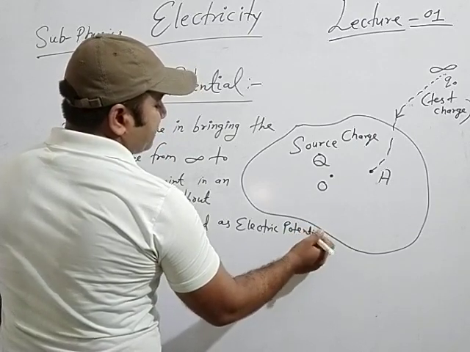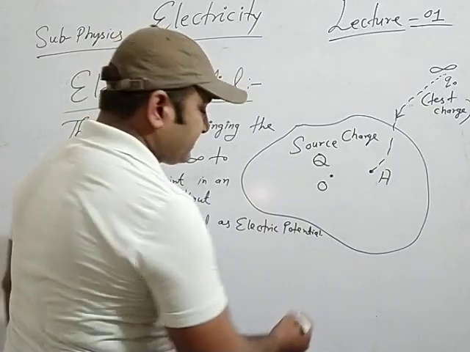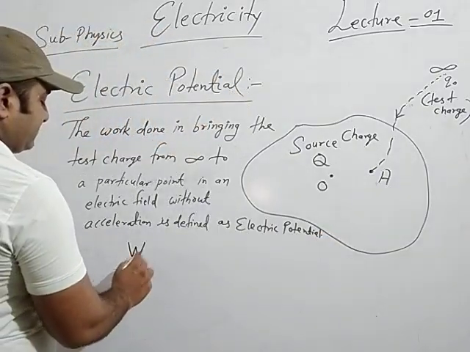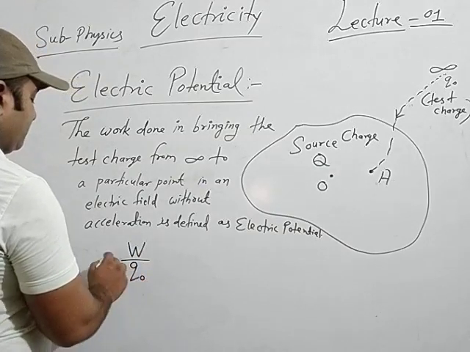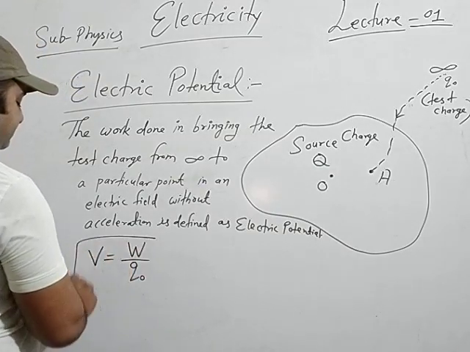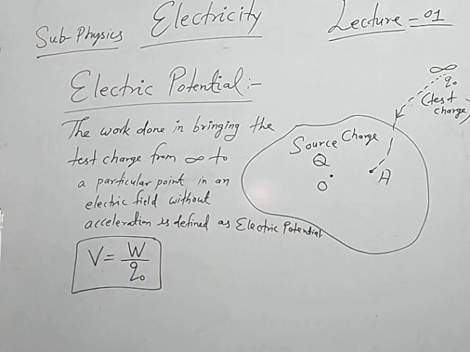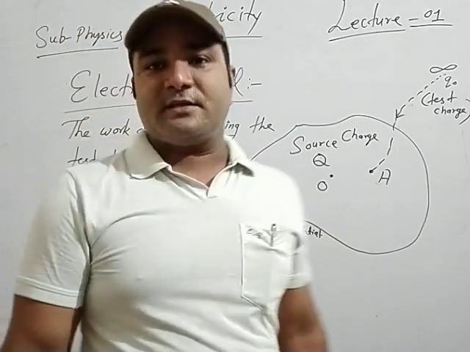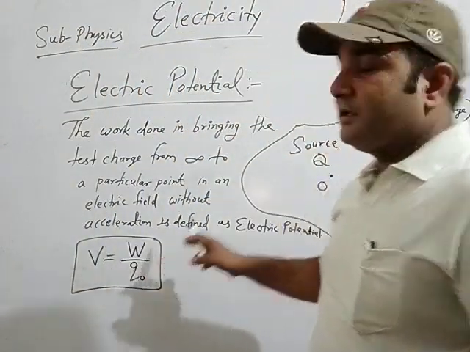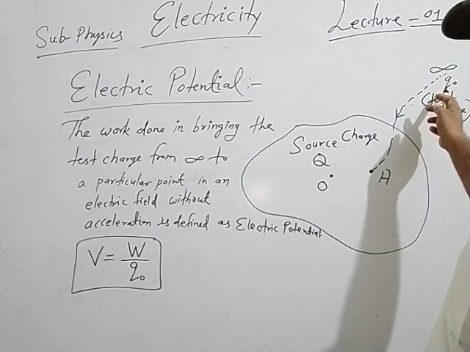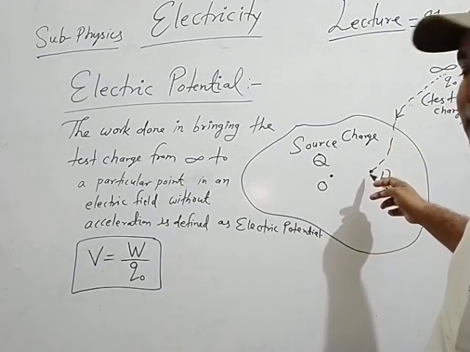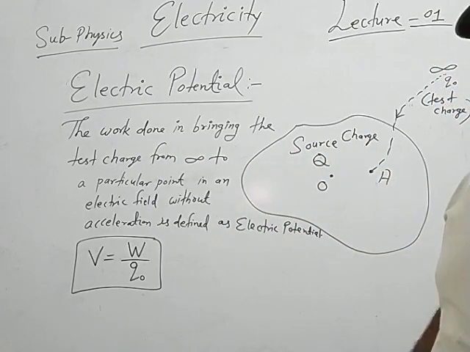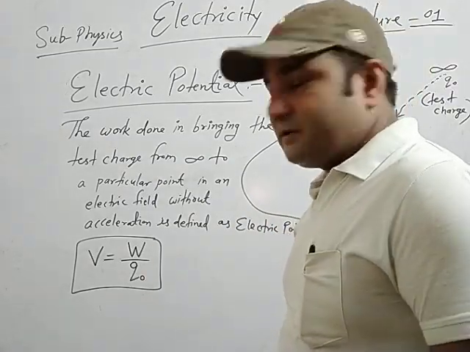Clear? Very easy concept. The definition of electric potential, and the formula is V equal to W upon Q naught. Q naught is the test charge, and W is the work done in bringing this test charge from infinity to a particular point A in the field of this source charge.